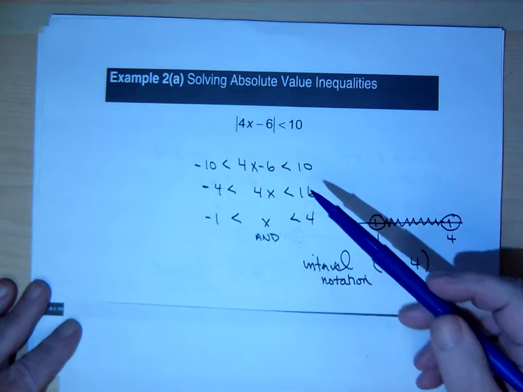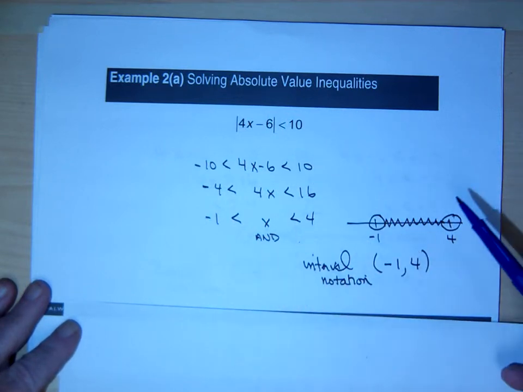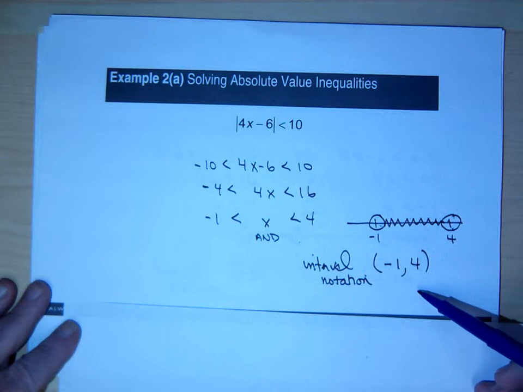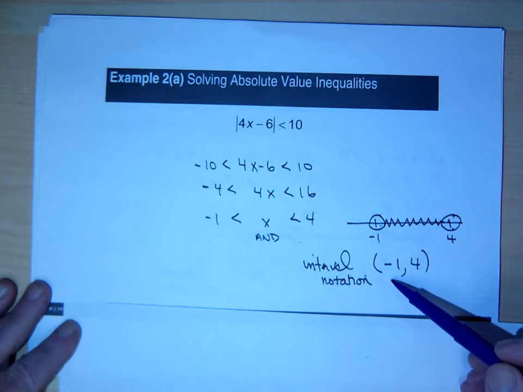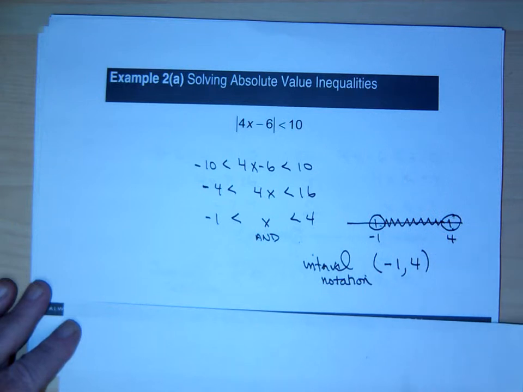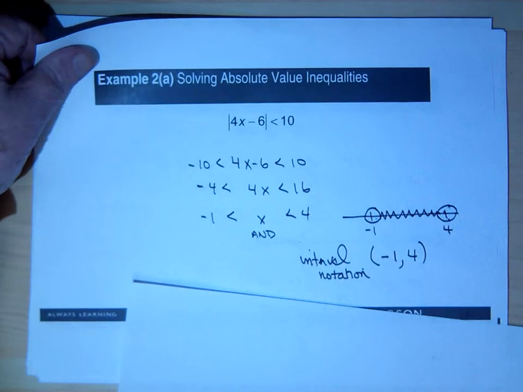I can go through and solve this and get that x is between minus 1 and 4. Now if I graph that, the endpoints are not included. It's everything in between. And in interval notation, I would write this as open parenthesis, -1, comma 4, closed parenthesis. Often I will ask you to write your answers in interval notation.